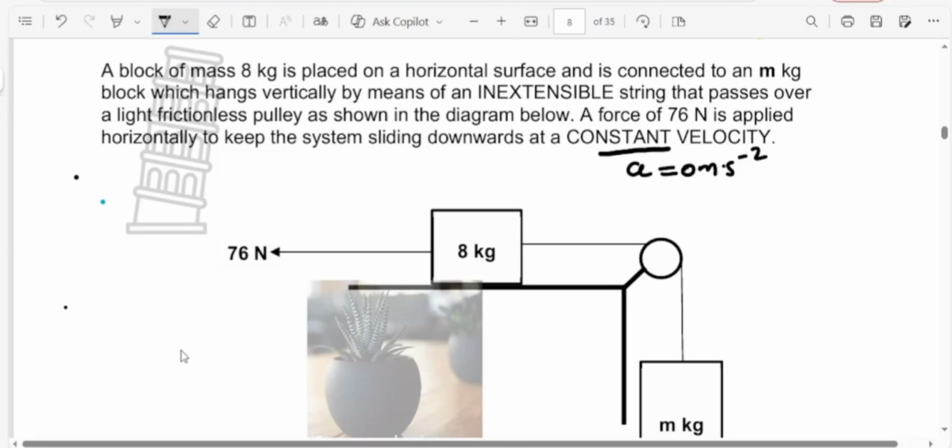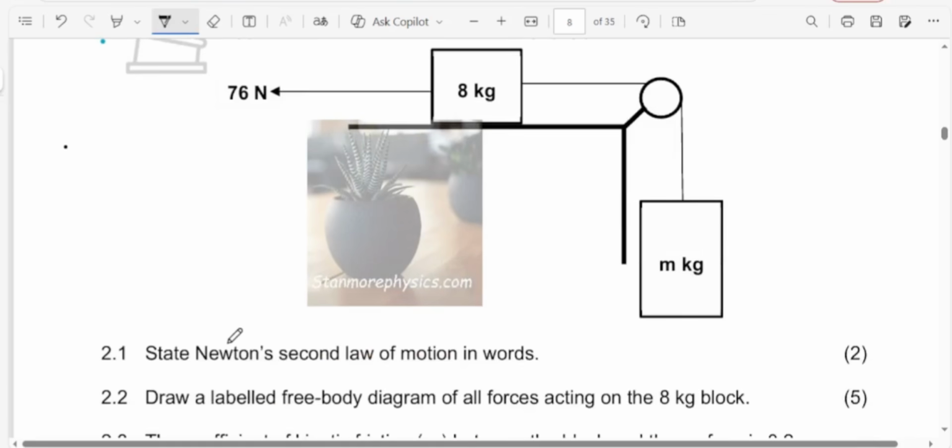So now, if we start answering the question, it says state Newton's law. Please use your exam guideline to state Newton's law of motion in words. One thing I can tell you guys is that if you hear the question say, state Newton's law of motion in words, just know that the next questions will have to do with Newton's law.